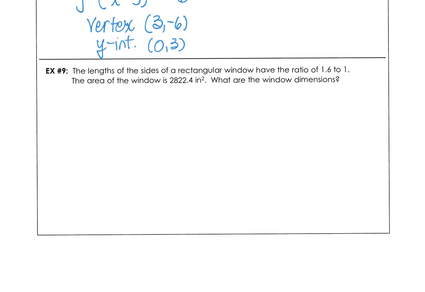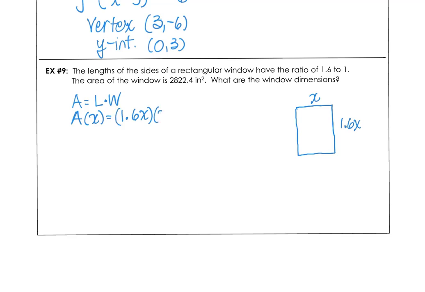So if we draw ourselves a picture of the window, and we know that the ratio is 1.6 of something, and this is 1, we know that the area is length times width, and in our model, the area in terms of x is going to be 1.6x times 1x. So our area model is 1.6x squared.